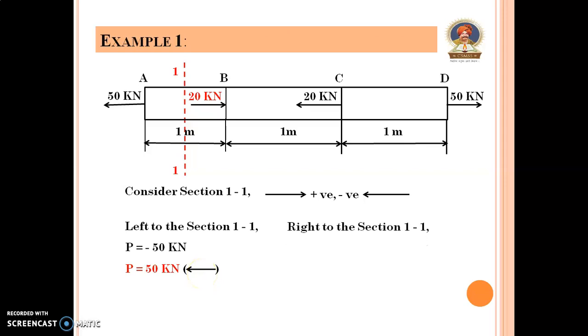Consider the right section. In right section there are three forces, 1, 2 and 3. So P is equal to plus 20 minus 20 plus 50. Here this 20 is moved towards right side, so it is taken as plus.